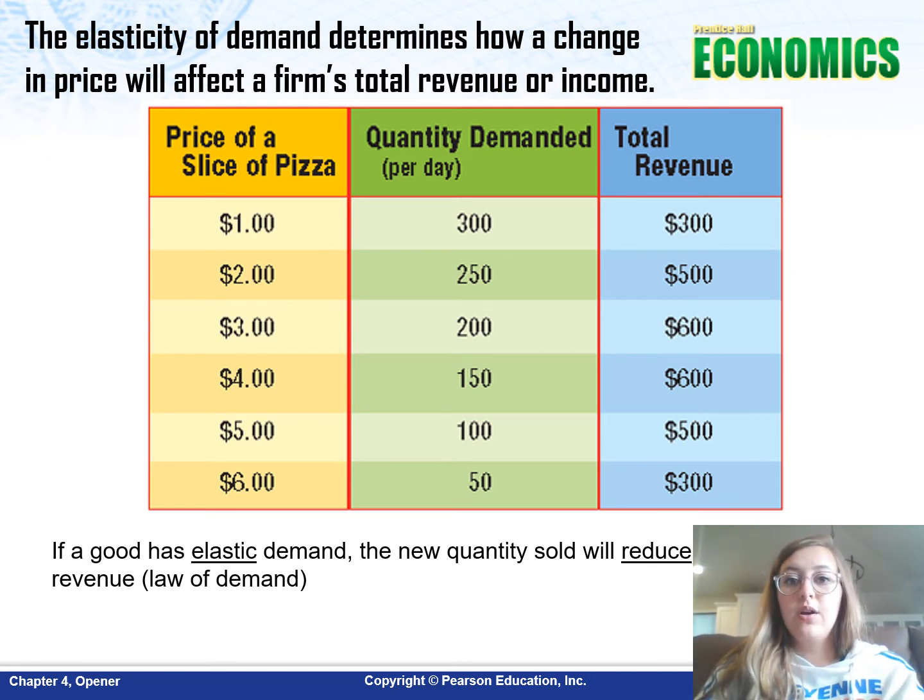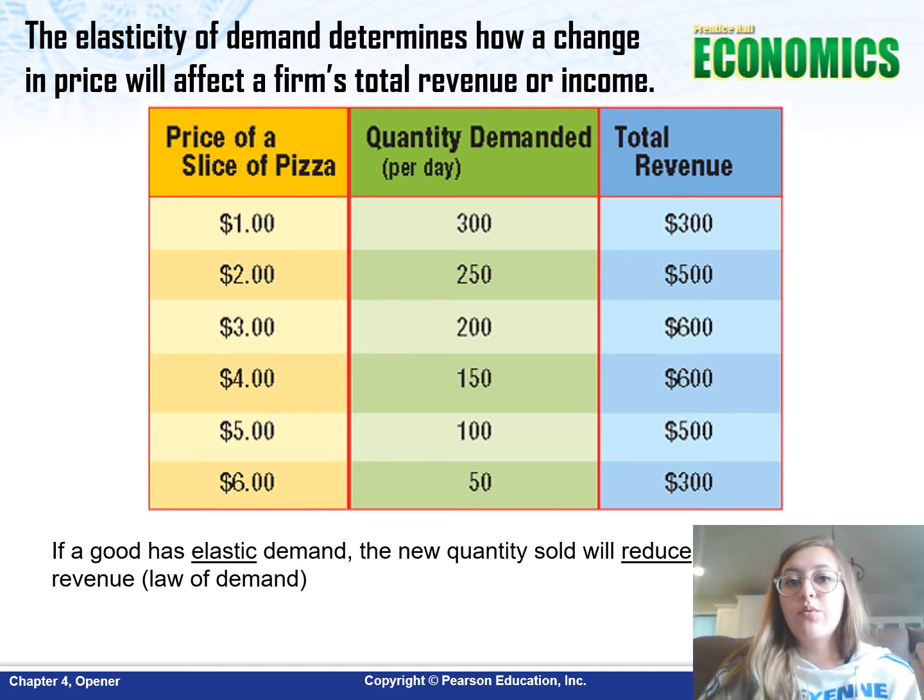So when a good has elastic demand, in this example maybe, raising the price of each unit sold by 20% is going to decrease your quantity sold by an even larger percentage. And quantity sold could drop low enough to actually reduce the firm's total revenue. And that same process works in reverse.